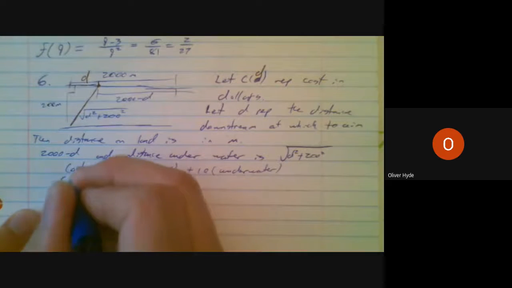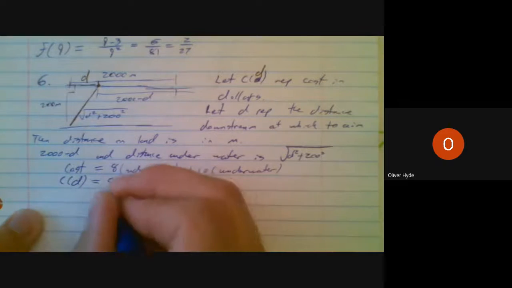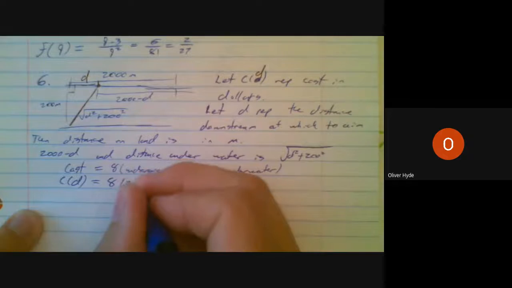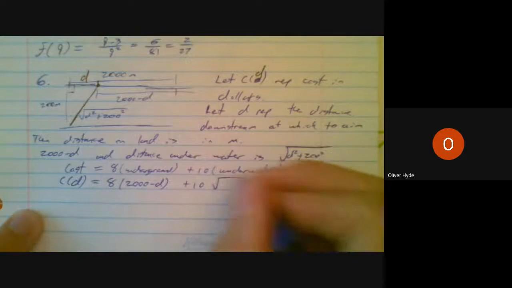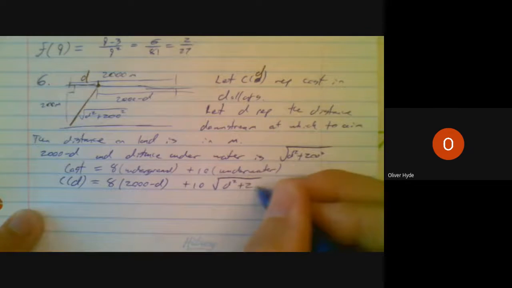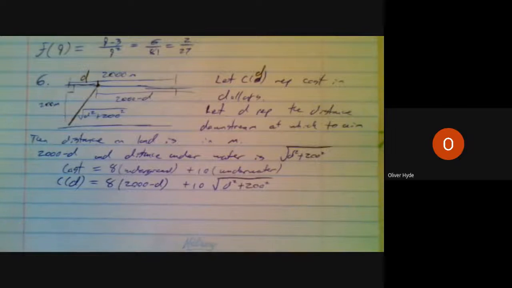Now I can just substitute in my function that this is going to be 8 multiplied by 2000 minus d, plus 10 multiplied by the square root of d squared plus 200 squared. Okay. We have set up the cost to be a function of a single independent variable.